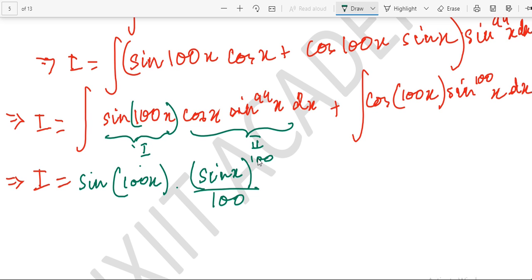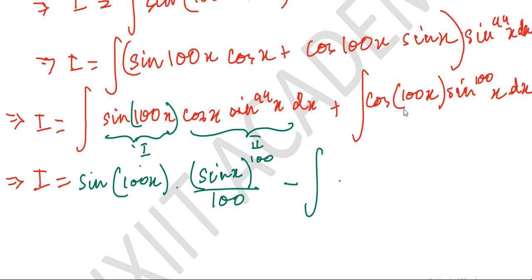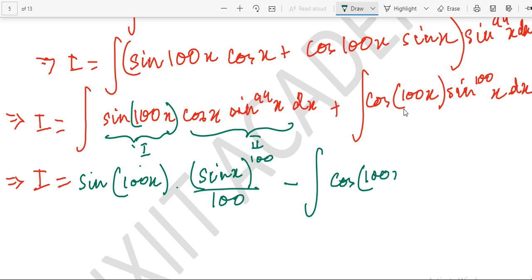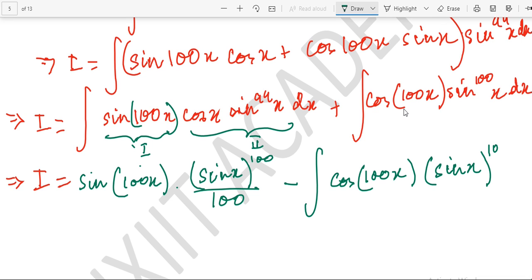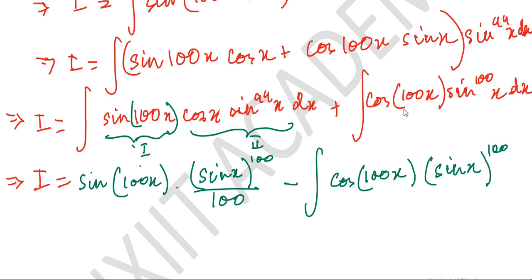Next we have minus the integral of the derivative of the first function, which is cos 100x, into sine x to the power 100.